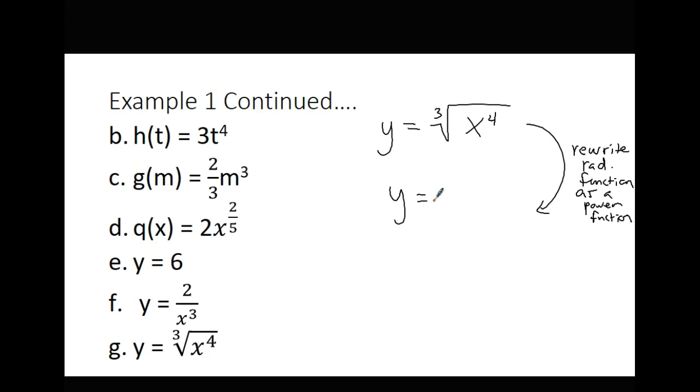X to the negative 4 over 3. Non-negative. The negative thing comes from when it's in the denominator, right? But in this case, it's not. But you are right, it's 4 over 3. So this number is going to be our bottom number, and the number on the x is going to be the top. So we can rewrite that as y to the 4/3 power. Cool? Now we can apply our power rule.